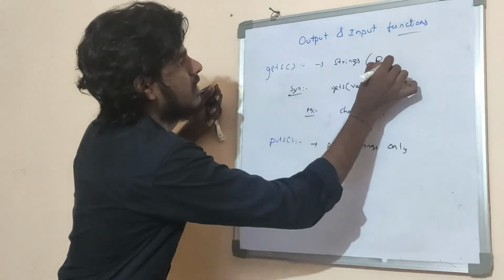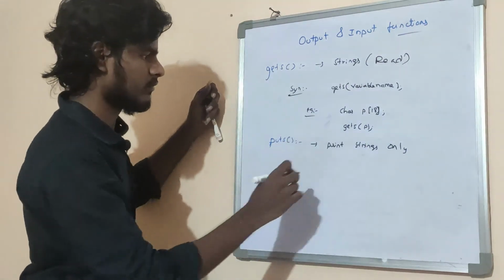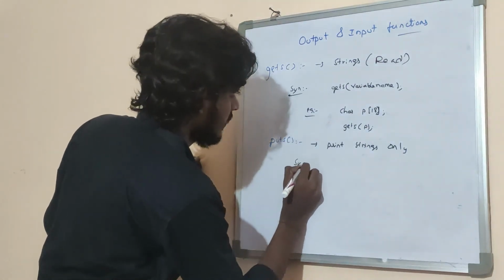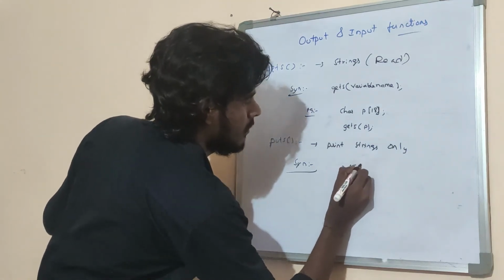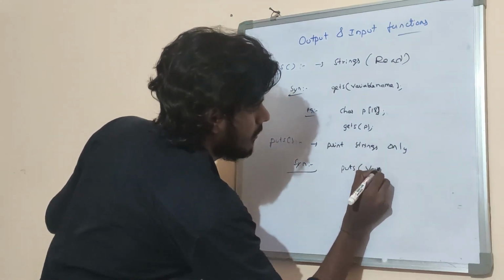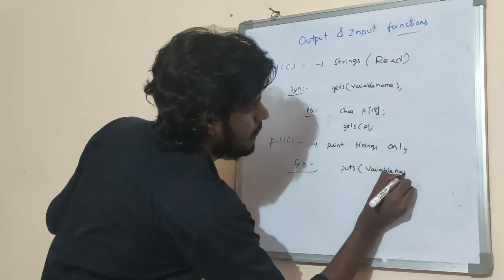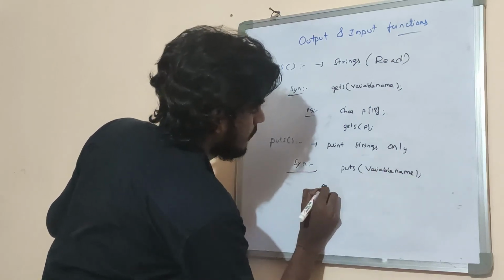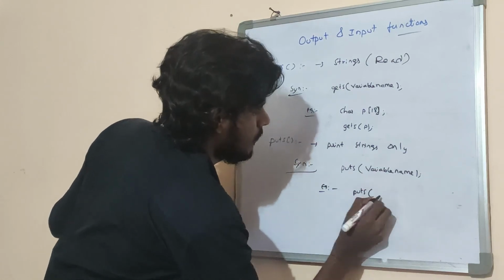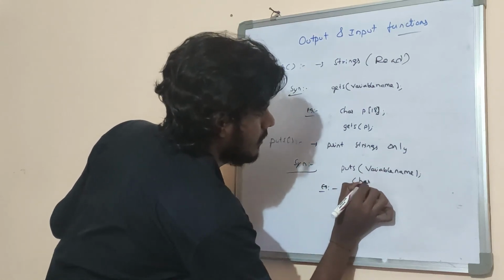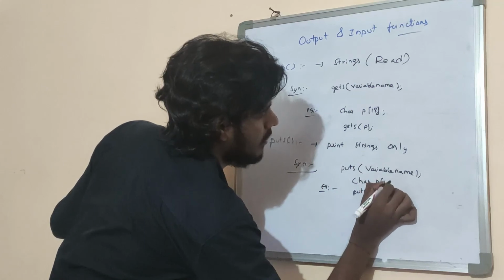Okay, what is the syntax for puts? puts variable name. Example, puts char p of 18.